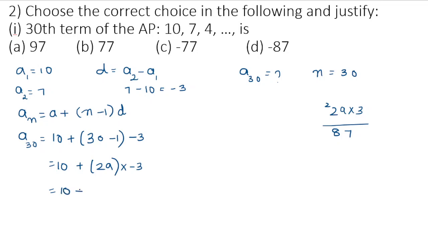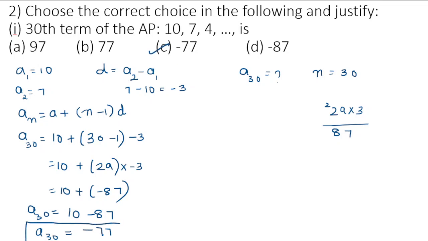So 10 plus minus 87, plus and minus become minus. 10 minus 87, that is A30, which means A30 is equal to minus 77. So option C is the correct answer. The answer is A30, that is minus 77.